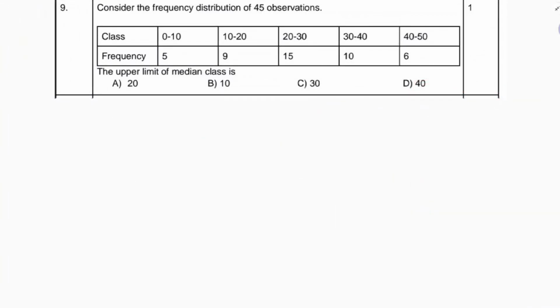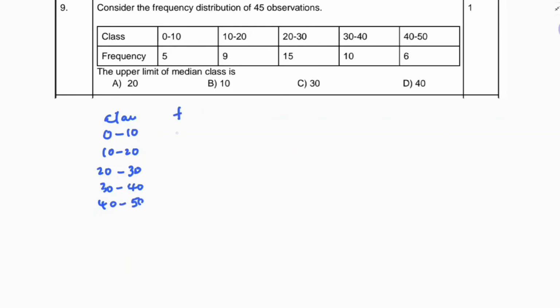Consider the frequency distribution of 45 observations. Class 0 to 10, 10 to 20, and so on. We need to find the upper limit of the median class, so we need to find the median class itself here. The classes go up to 32, 40, 42, 50.